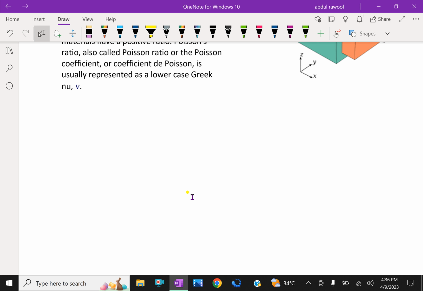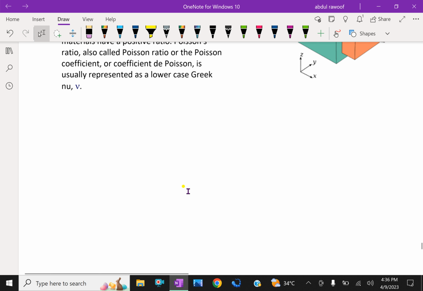If equal and opposite forces are applied to an object along its length inward, the object gets compressed. There is a decrease in dimension along its length, and at the same time there is an increase in its dimension perpendicular to the length.